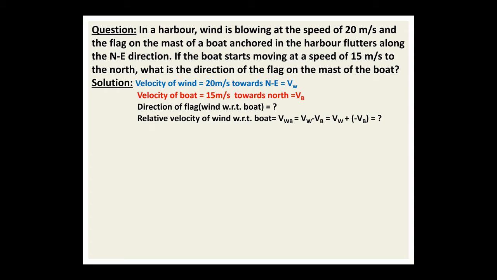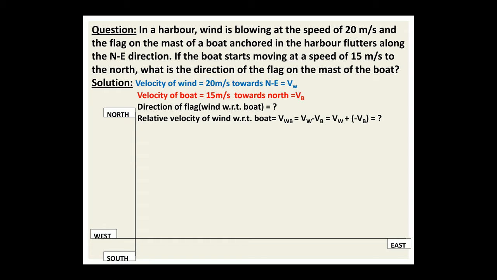First we will find the magnitude of VWB, then its direction. As you know, relative velocity of wind with respect to boat equals velocity of wind minus velocity of boat. It is VW minus VB, which can be further written as VW plus (minus VB). So we will use the graphical method to find VWB.